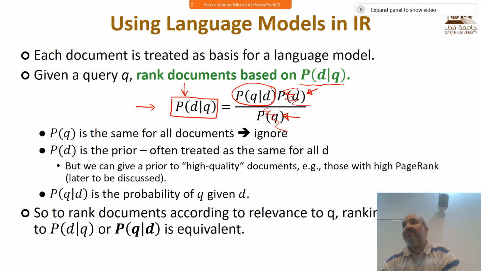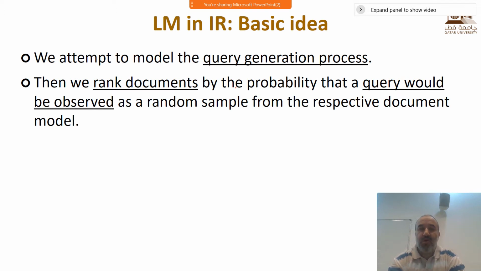Any question about this? So what should be the next step then? We will just focus on this now, on how to estimate it. So we attempt to model the query generation process. We rank documents by the probability that the query would be observed as a random sample from the respective document model. This is what we explained earlier, right?